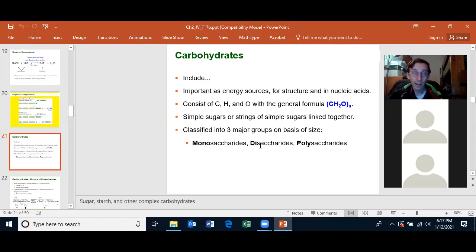Lactose and sucrose are disaccharides. And then there's polysaccharides, which are many monosaccharides linked together. For example, starch is a polysaccharide, which is formed just by linking a whole bunch of glucoses together. All right, any question about any of that?